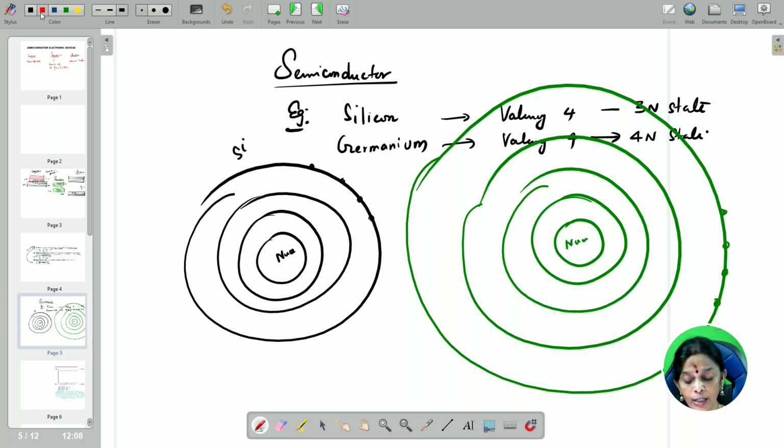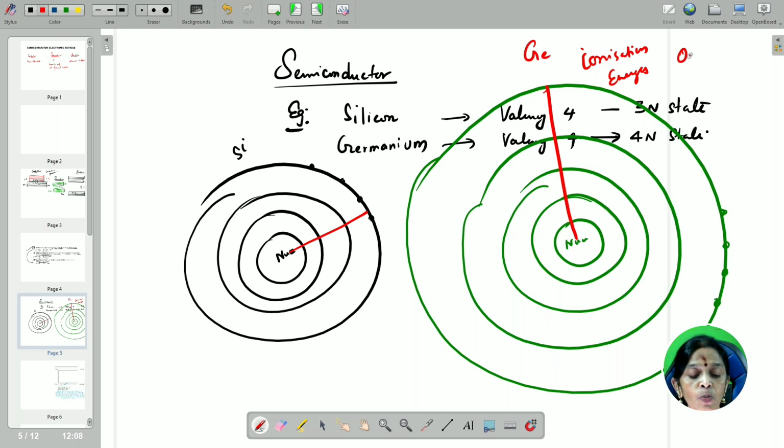So, the electron is farther away from the nucleus for germanium, and the energy required to remove it is nothing but the ionization energy. What energy, children? Ionization energy. What do you mean by ionization energy? It is the energy to remove the electron from the shell, because it is tightly bound to the nucleus. What is the amount of energy required to remove this electron from the shell for germanium?